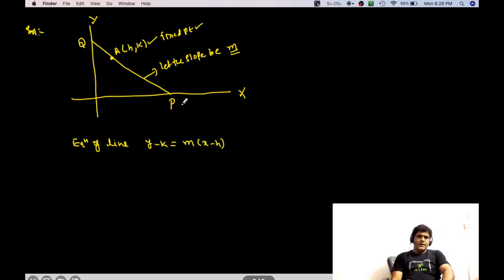This is the line which passes through the fixed point (h, k). Let the slope be m. Then the line equation is this one.